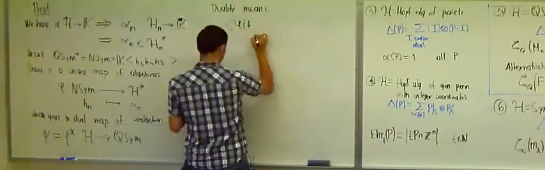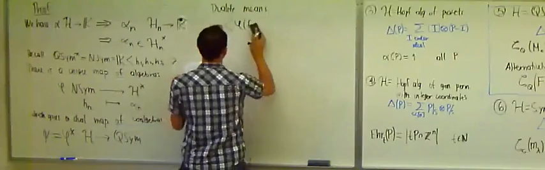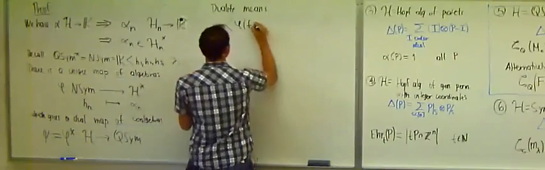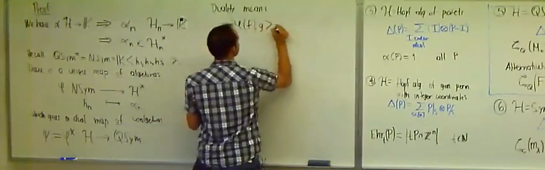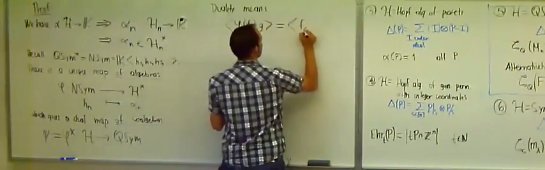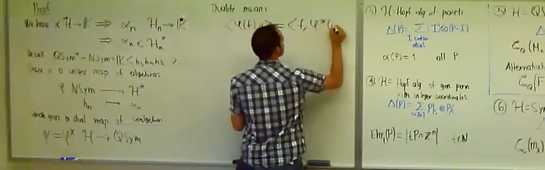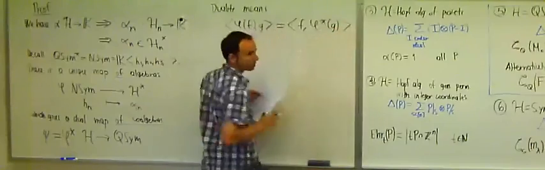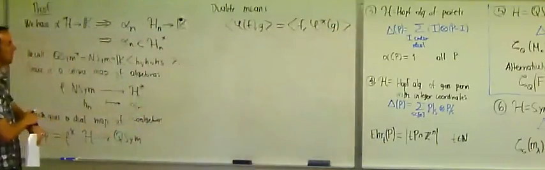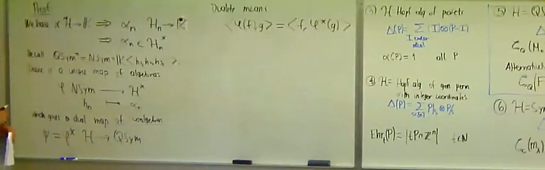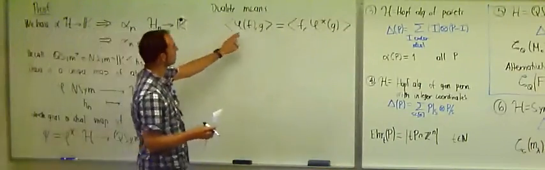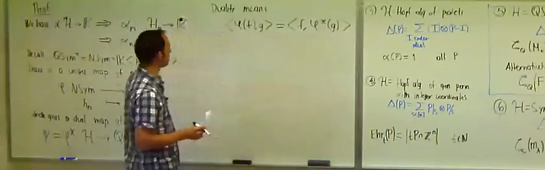Phi of f comma g should be equal to f comma phi star of g. That's what it means for these maps phi and phi star to be dual.